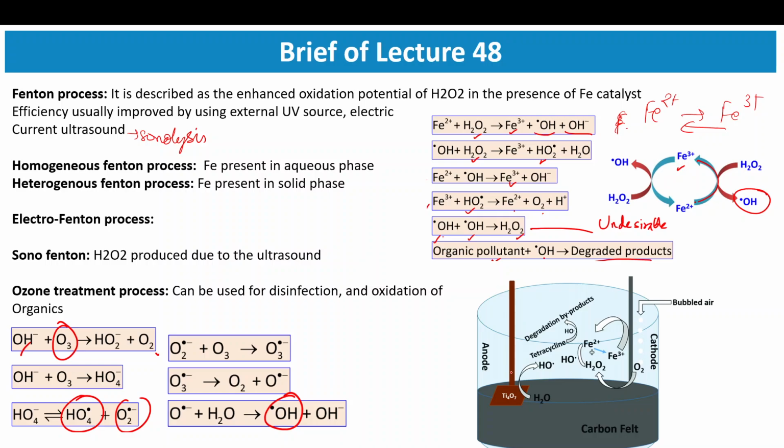Again, at the anode, this H2O2 can get converted into hydroxyl radical, and you can add Fe2+, which gets converted into Fe3+ through oxidation at the electrode, and again it can combine with H2O2 to form Fe3+ and the radical, right?